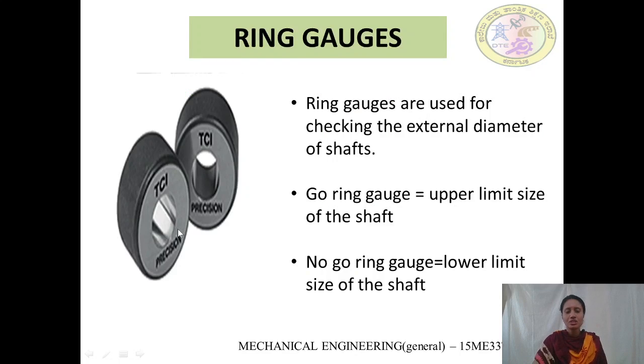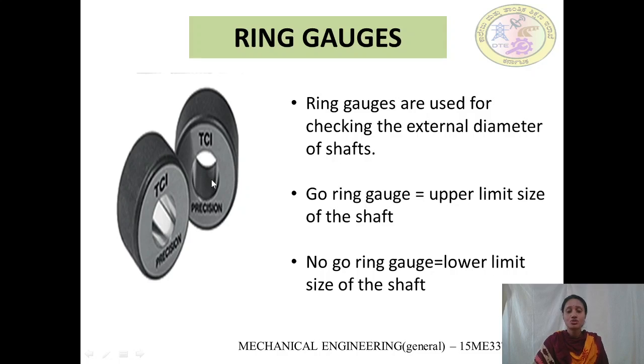So first we need to insert the shaft into the go ring gauge. If the shaft enters easily into the go ring gauge, it will be accepted, and the same shaft should be inserted into the no go ring gauge.